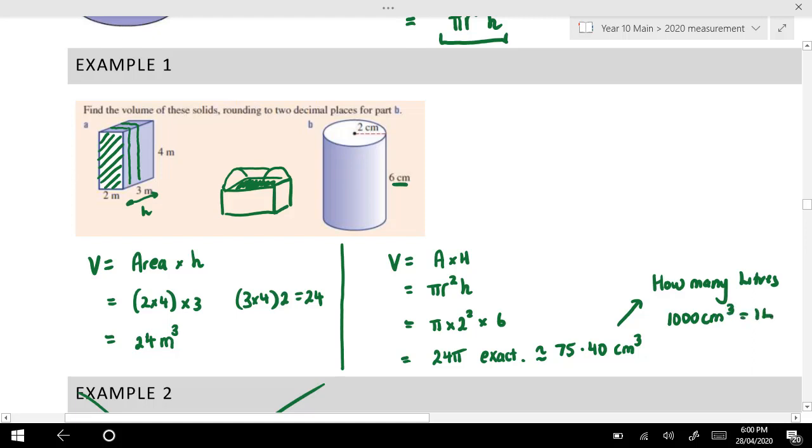So if I've got 75.40 and I need to get that into litres, then we'd need to divide by 1,000, which is the same as going back 3 decimal places. So 1, 2, 3, 0.75.